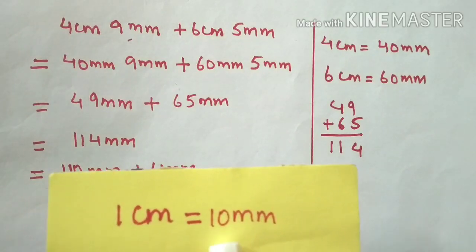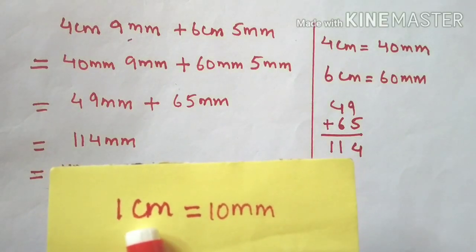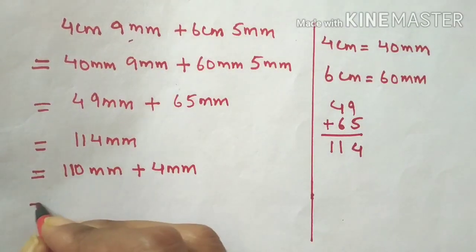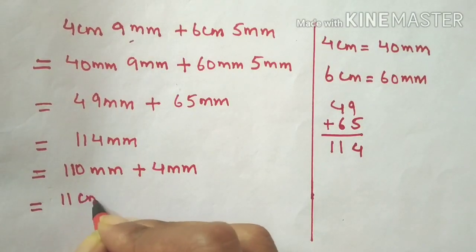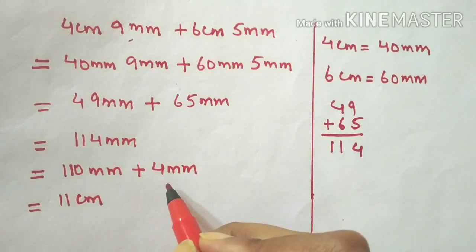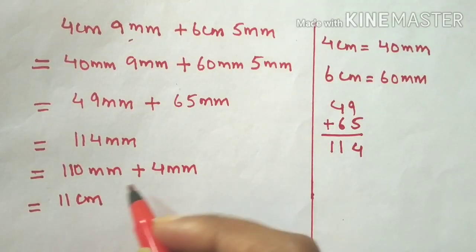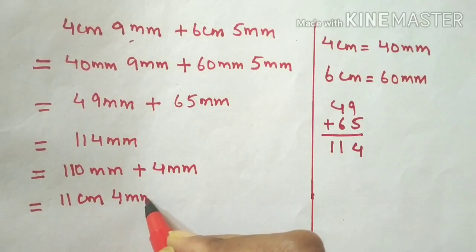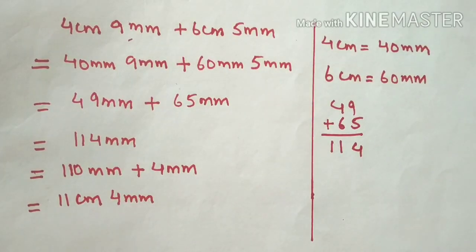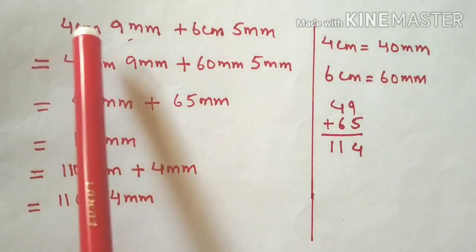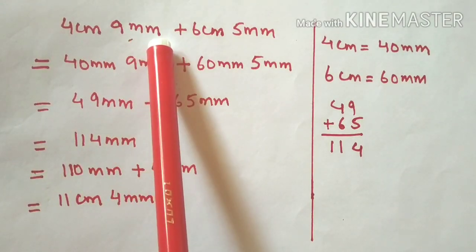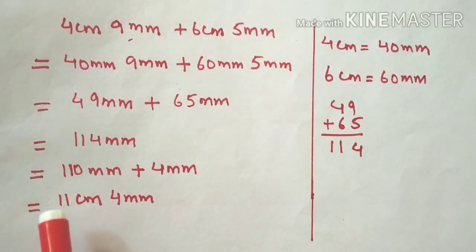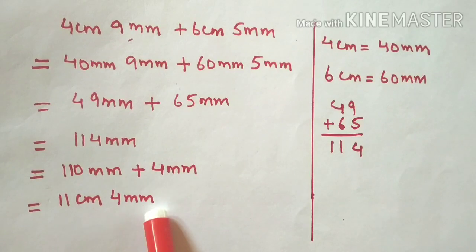Now since 10 millimeters is equal to 1 centimeter, 110 millimeters will be equal to 11 centimeters. And since 4 millimeters is less than 10 millimeters, it will remain the same. So when we add 4 centimeters, 9 millimeters and 6 centimeters, 5 millimeters, we get 11 centimeters, 4 millimeters.